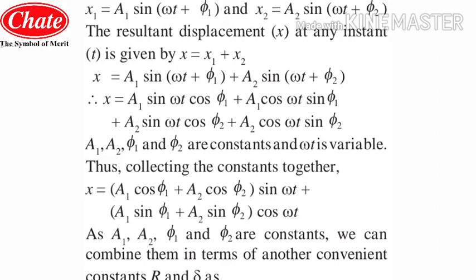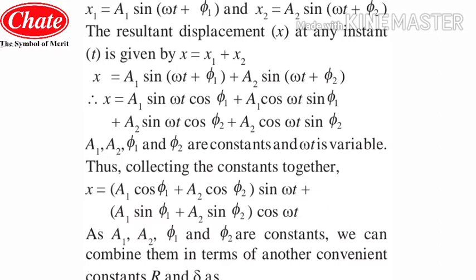These are the two equations for the particles performing SHM simultaneously. Now the resultant displacement x at any instant will be given as x1 plus x2, the sum of x1 and x2.